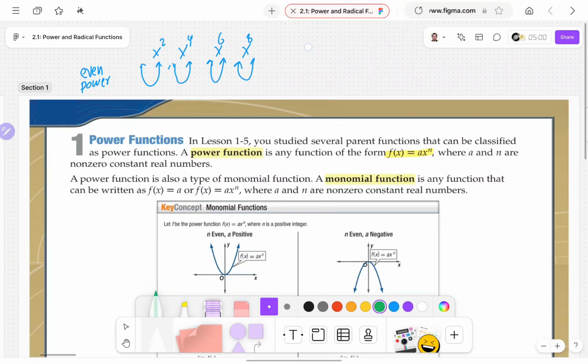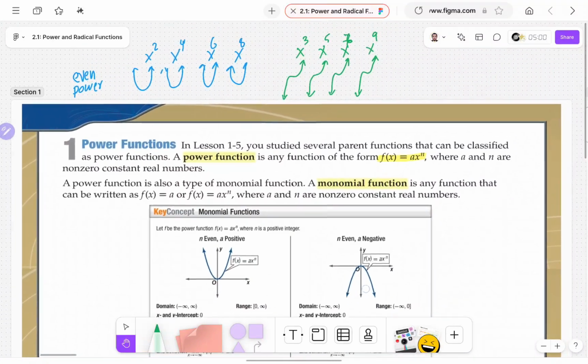Now how about if the power is odd, like x to the power of 3, x to the power of 5, x to the power of 7, x to the power of 9? All of these functions are cubic-like functions. You know that a cubic function starts from down and ends up. So this is the difference when the power is even and when the power is odd.